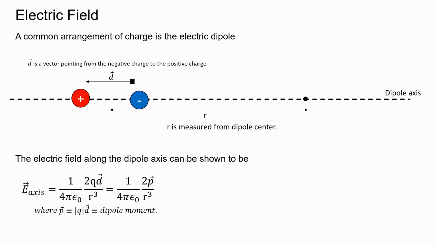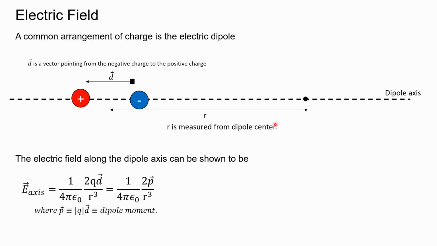So as an example, a common arrangement of charge is the electric dipole. This is where we have one positive charge and one negative charge separated by a distance d. If we want to measure our electric field somewhere along this dipole axis, where these two charges line up, at a distance r from the dipole center, the electric field can be shown to be 1 over 4 pi epsilon naught, 2 times q, which is the charge of each particle, times d, the distance between the two particles, divided by r to the third.